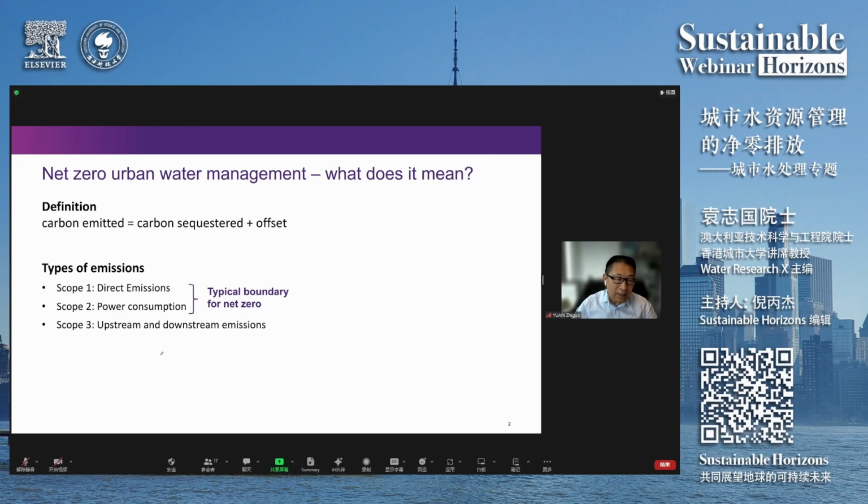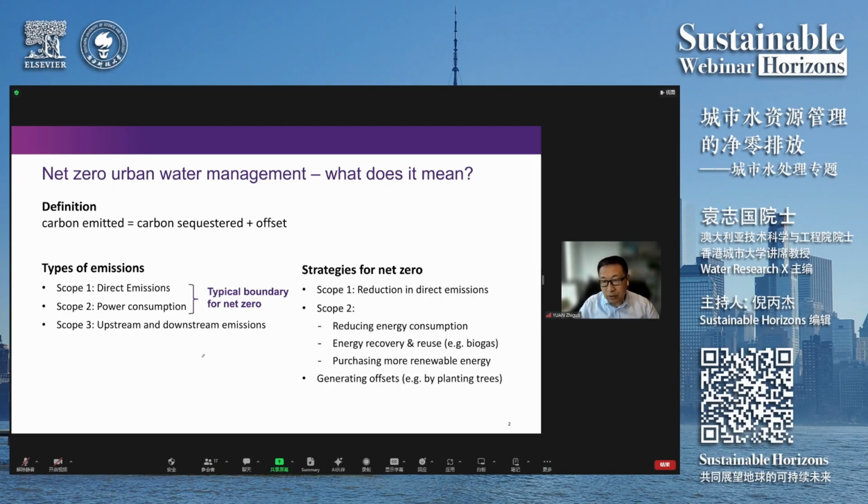Although I have to highlight, there are actually a lot of opportunities for urban utilities to contribute to the reduction in greenhouse gas emissions in Scope 3, and in my opinion, that should be a credit you earn if you help your customers to reduce emissions.